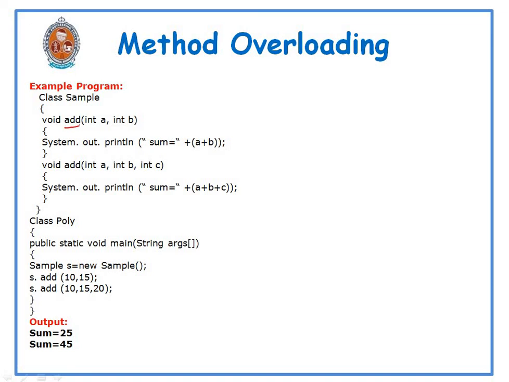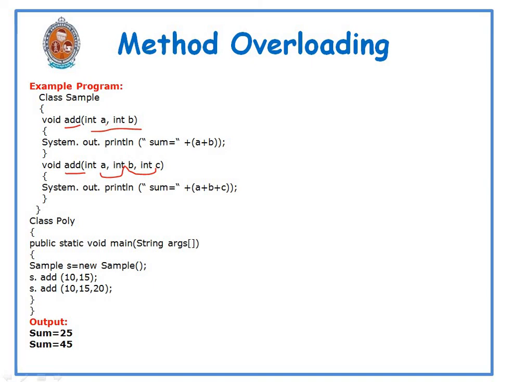The first method is named add, having two parameters, int a, int b, and the second method has the same name add, with three parameters, int a, b, c. So inside the class Sample we have defined two methods with the same name but they differ by method signatures, that is, they differ by arguments. This is known as method overloading.